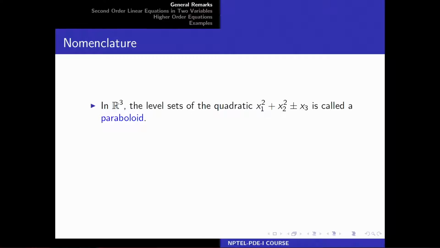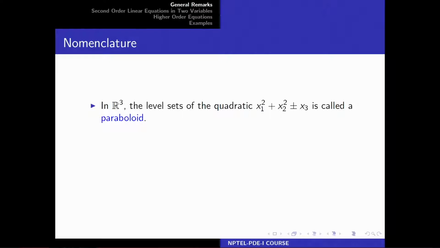The level sets of the quadratic are nothing but you take this quadratic and equate it to some constant and see what curve or surface it describes in that R3 space. So, here you consider x1 square plus x2 square plus or minus x3.